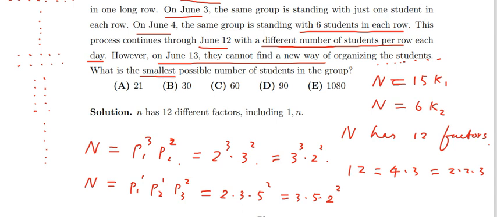Okay, so I think this one is smallest, right? This is 60, yeah. All other numbers are larger than 60. So 60 is the smallest number.